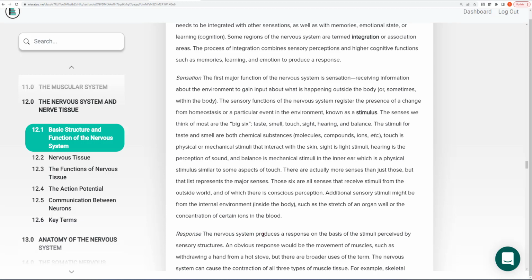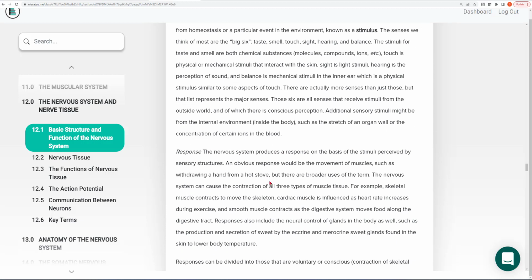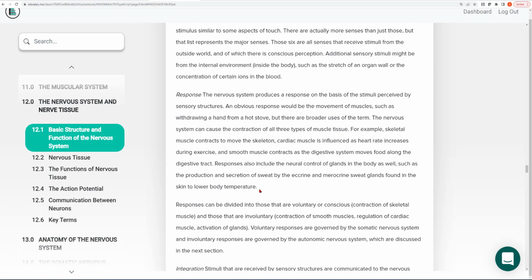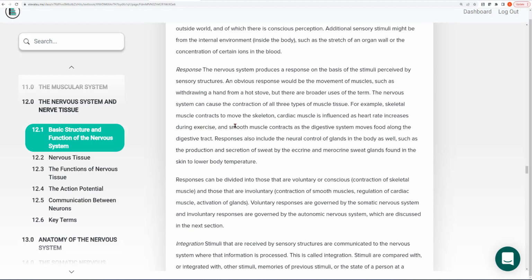So when the nervous system produces a response, we describe that signal as traveling down a motor neuron, okay? It's going down a motor neuron. That motor neuron is going to leave the brain or leave the spinal cord, and in response to that motor signal, you are going to do one of two things.